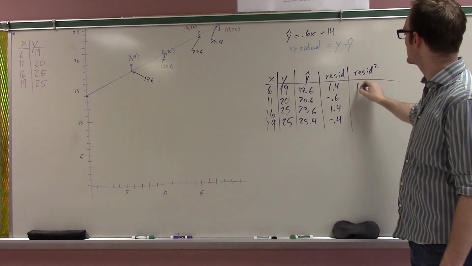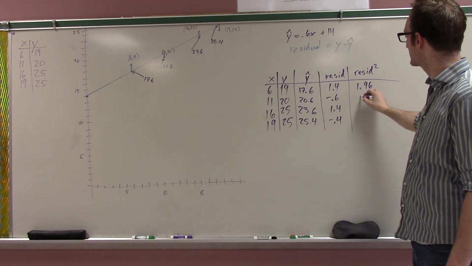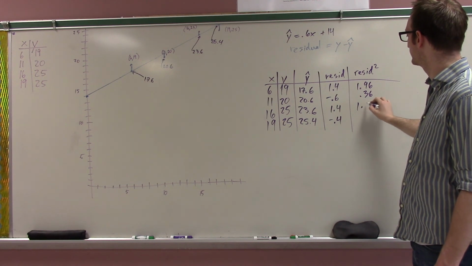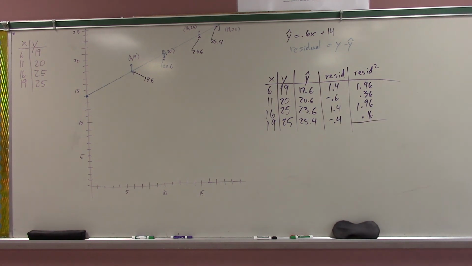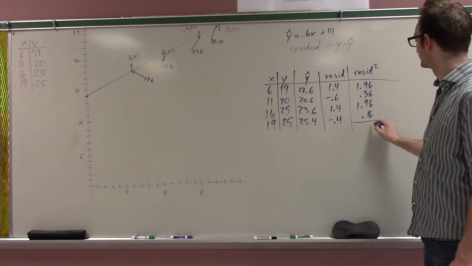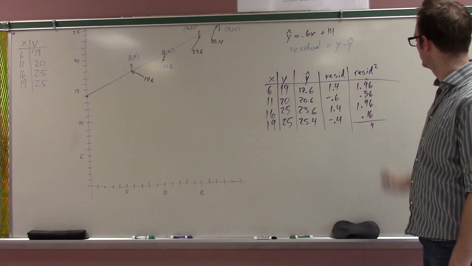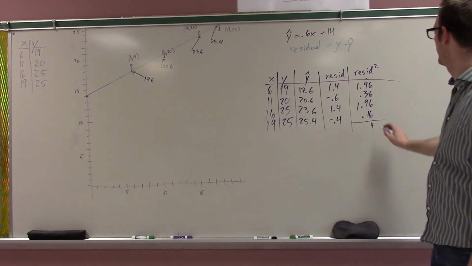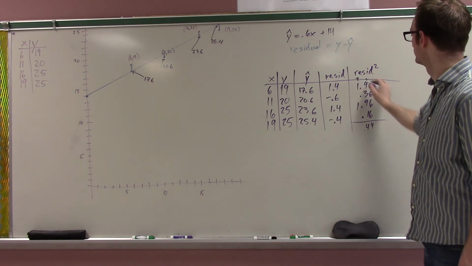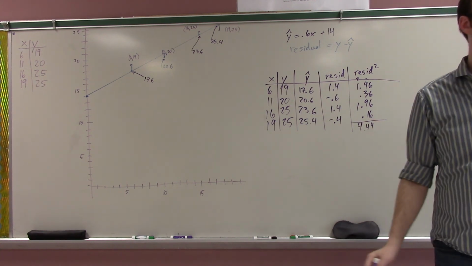So we square each of these numbers. That's 1.96, it's 0.36, it's another 1.96, and it's 0.16. We add these all up. That's like something, 18, 19, 24. 4.44.